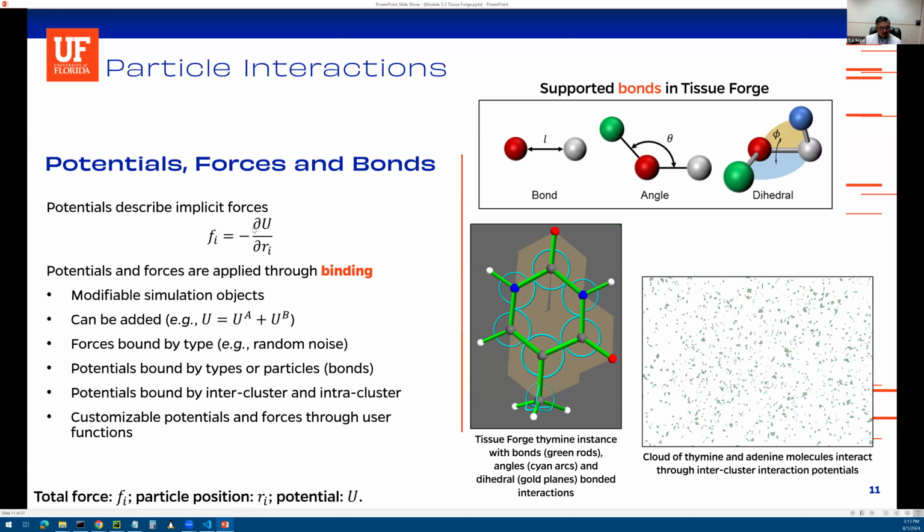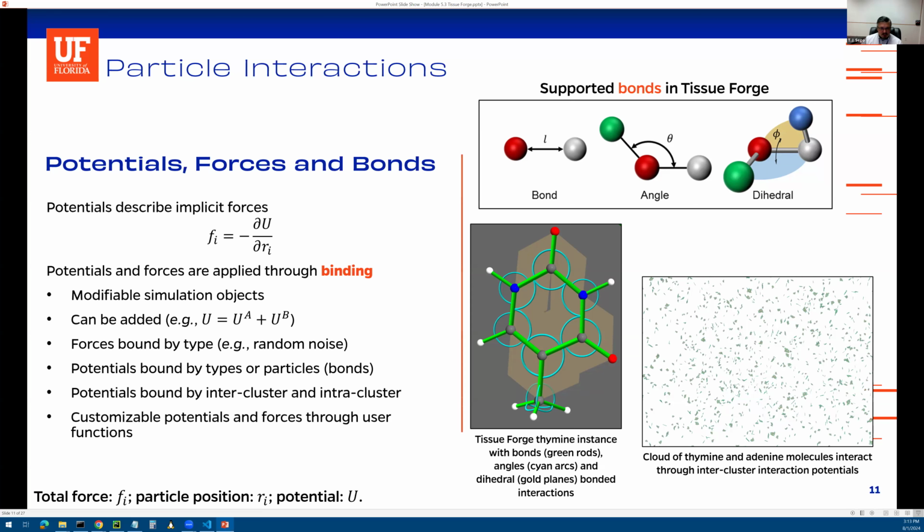So instead of describing a potential, you can just declare a vector that acts on individual particles. Between potentials and forces in the actual APIs, TissueForge provides the ability to specify these objects through actual programmatic Python objects.